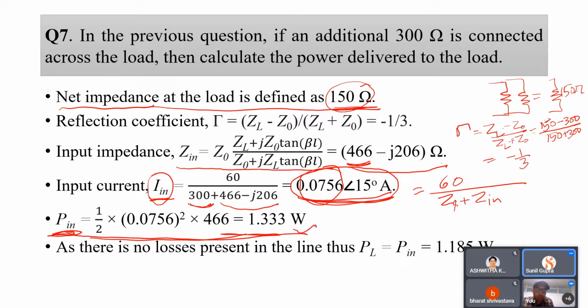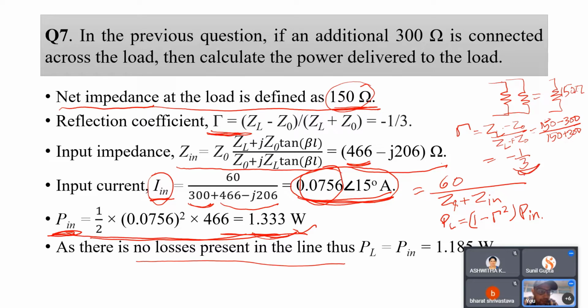As there are no losses present, but due to the reflection that has been present, the power delivered at the load is defined as PL equals 1 minus gamma squared into P in. P in you have calculated here, gamma you have already calculated here.